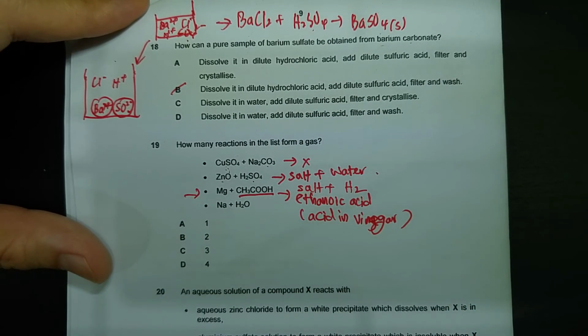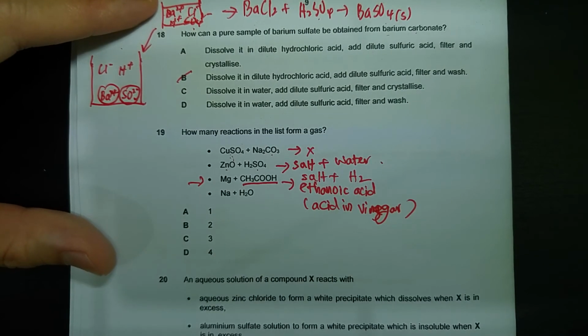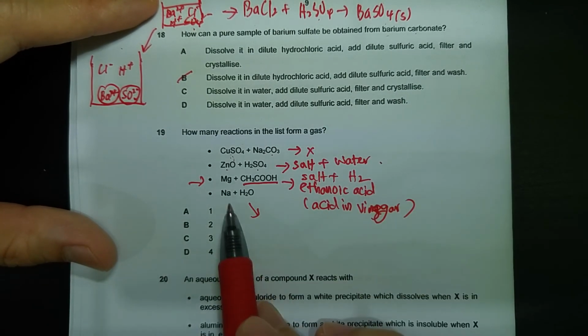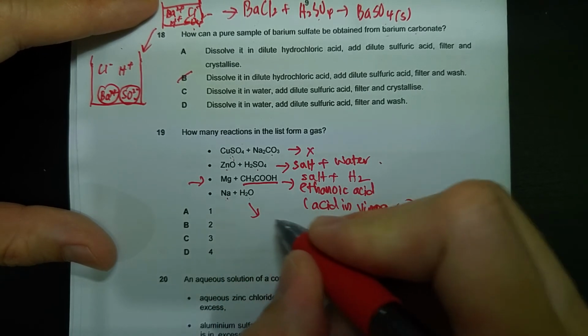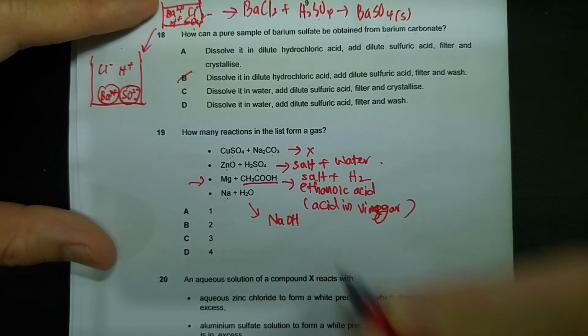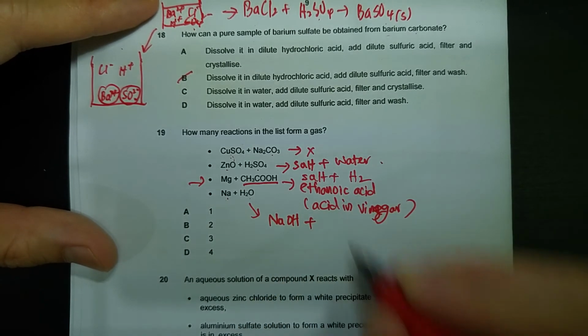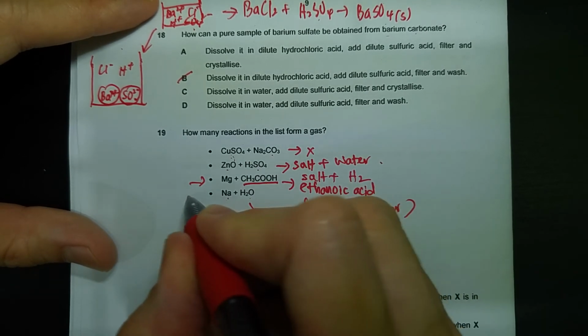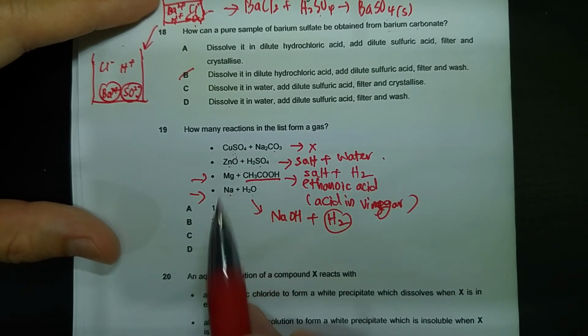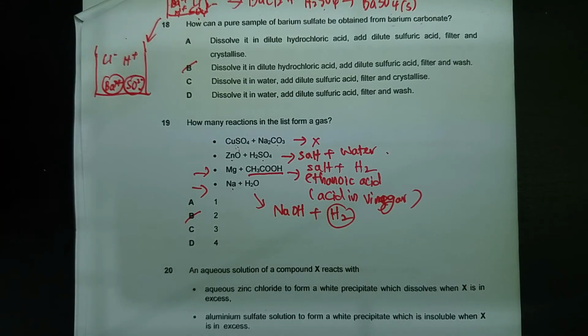So in this one, a gas is formed. How about this? This is sodium and this is water. Sodium dissolved in water, you get an alkali as well as hydrogen. Again, a gas is formed. So how many reactions? 2 reactions. So the answer is B.